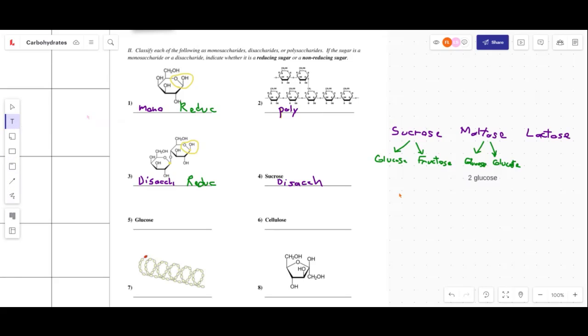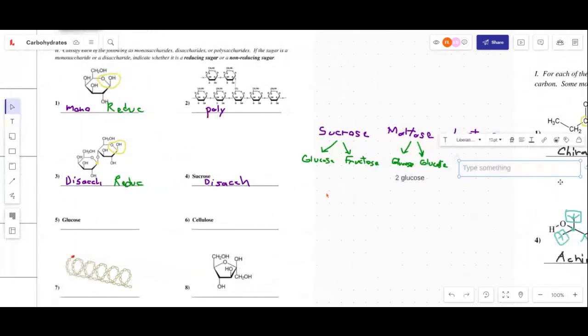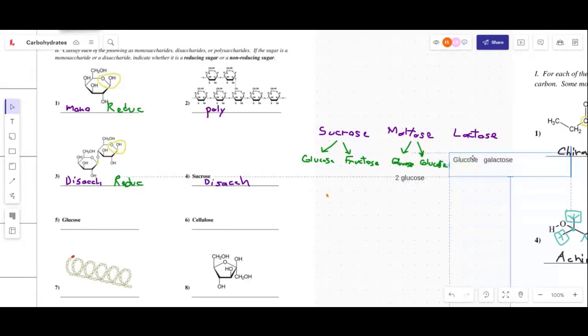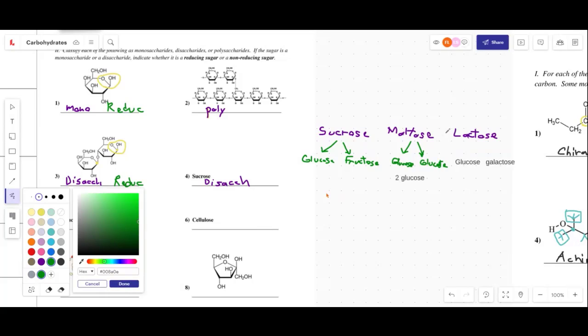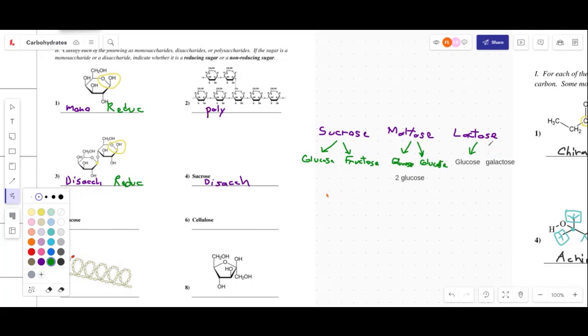Yeah, glucose and galactose. That's what lactose is formed from. So sucrose is glucose and fructose, maltose is glucose and glucose, lactose is glucose and galactose.